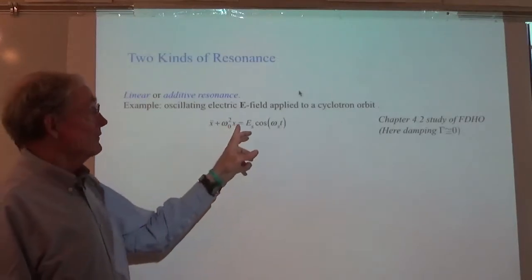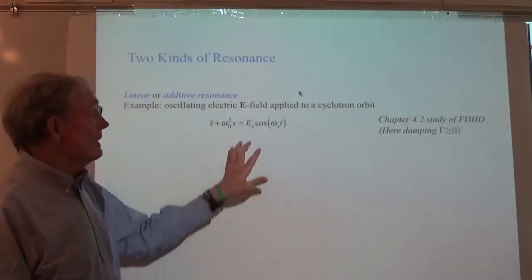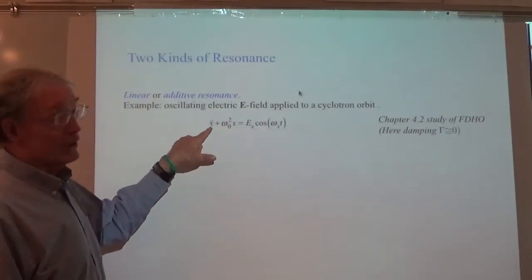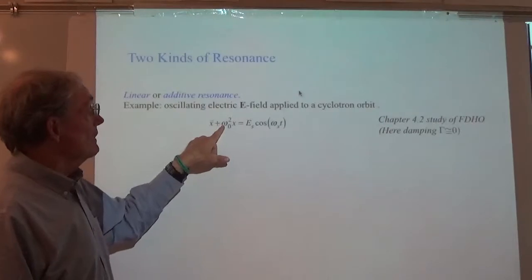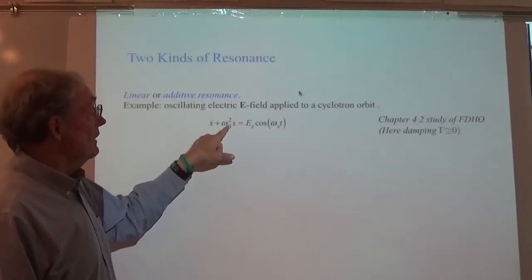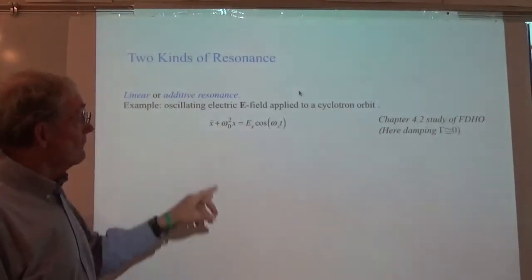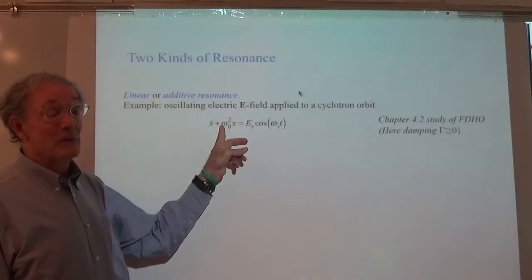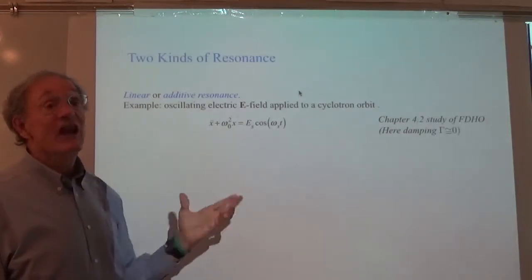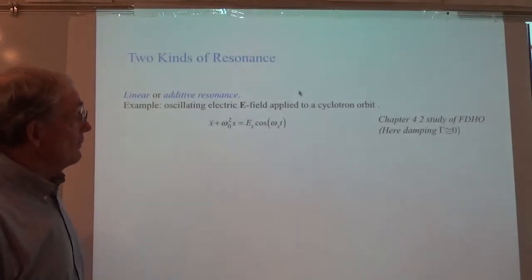We put the oscillating field as an input on the right-hand side of the equation as the force that would go with the acceleration, or ma, if I took the m out of all of this, I've set to 1 here in this case. And then this is the restoring force that we know and love. And it has a parameter, the restoring force has a parameter k. This is kx, right? So that's the situation.